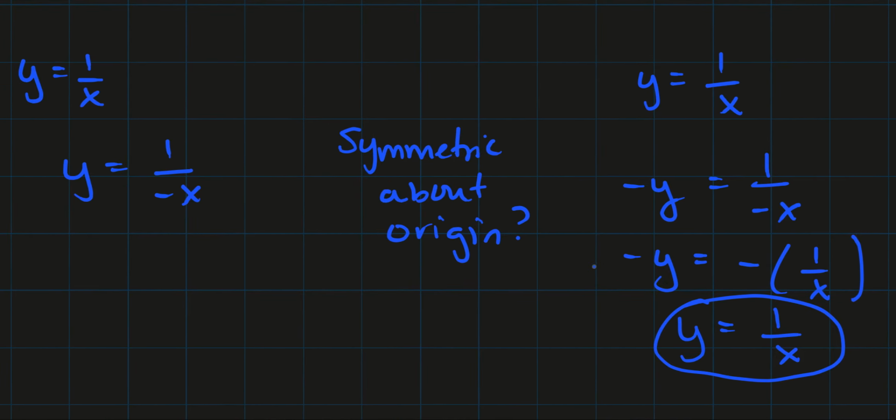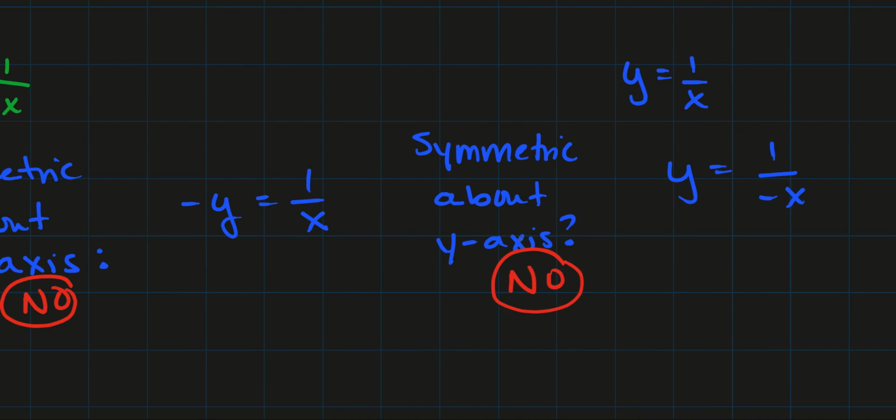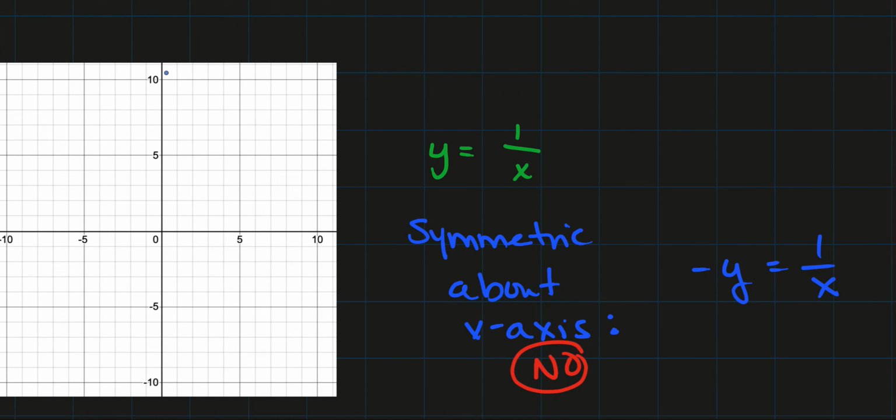Now let me give you a visual of what this looks like. This graph, which we'll learn how to graph later, actually goes through the point 1, 1. So it's going to hit this point, and then it's going to have what we call an asymptote here and here.